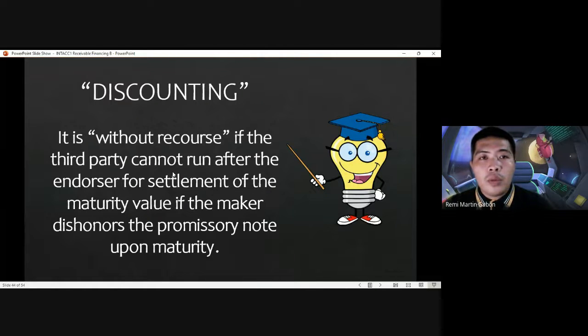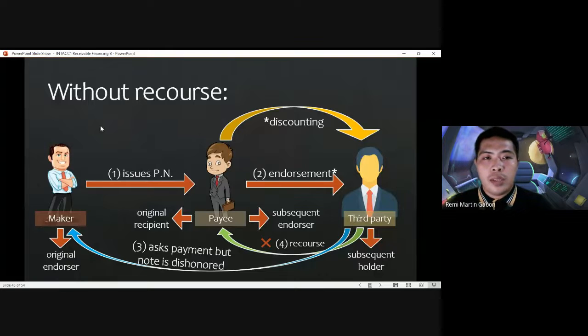So if we're going to illustrate without recourse, upon discounting, when the third party seeks for the payment, should the maker dishonor the promissory note, the third party could no longer run after the payee for the payment of the maturity value. The scenario here is both win-win situation for maker and payee, but a loss situation for third party.